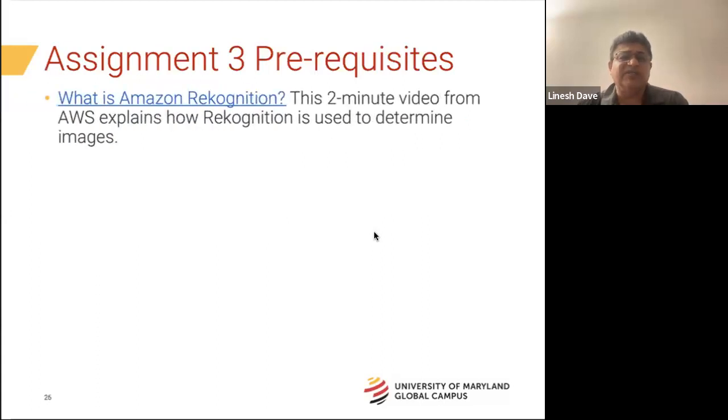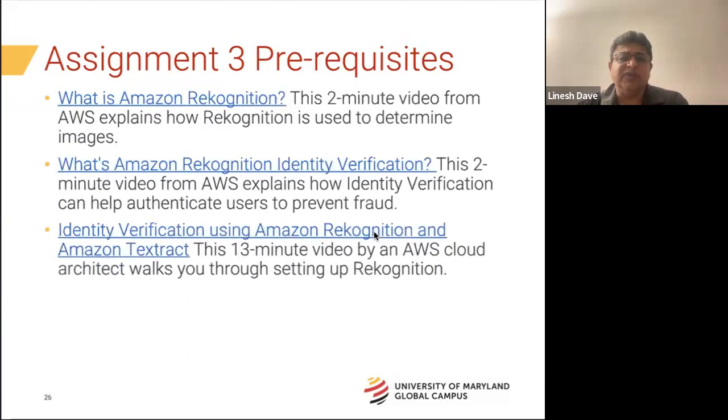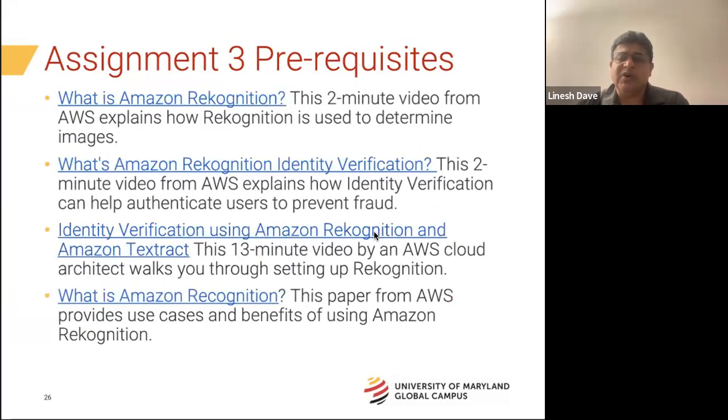The other prerequisites are what has been provided to you in the classroom: what is Amazon Rekognition, a 2-minute introductory video; then what is Amazon Rekognition identity verification, and what is Amazon Textract; and then a paper that provides use cases and benefits of using Amazon Rekognition. Just go through that as a prerequisite, which is really going to help you know Amazon Rekognition better and how to work on your assignment 3.